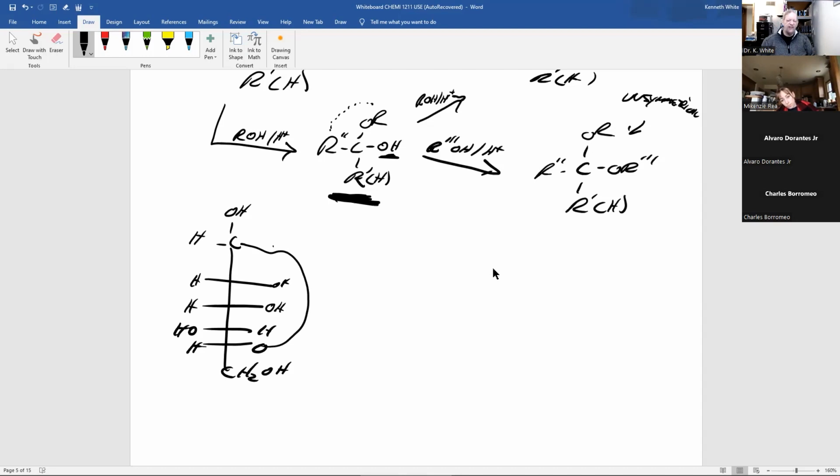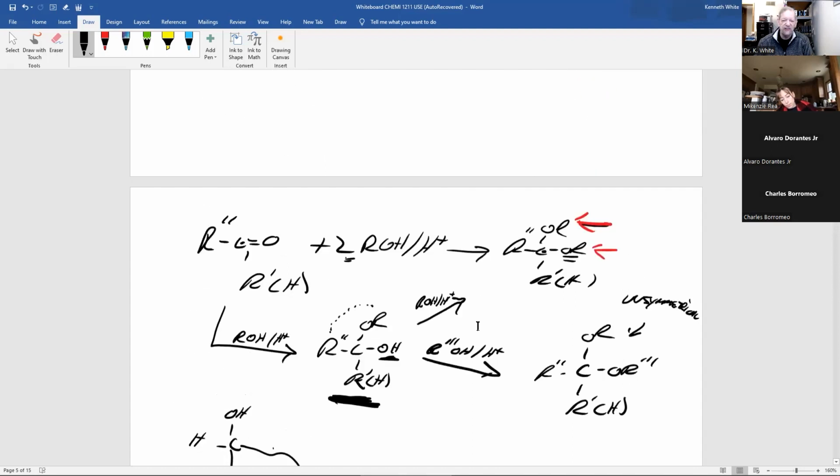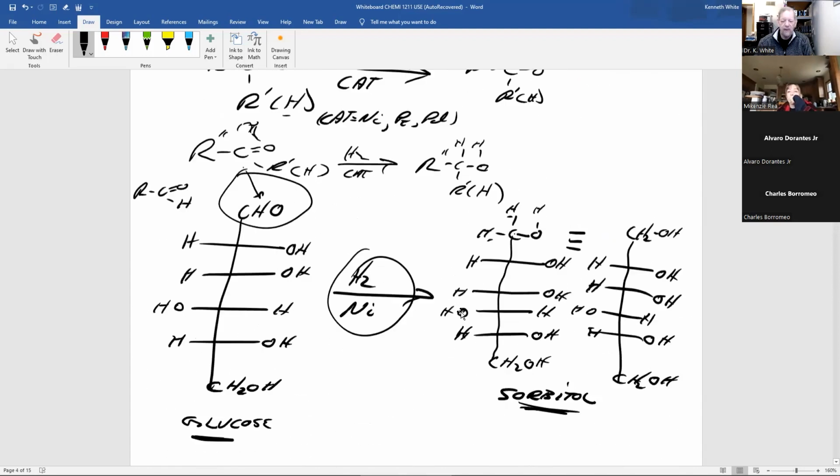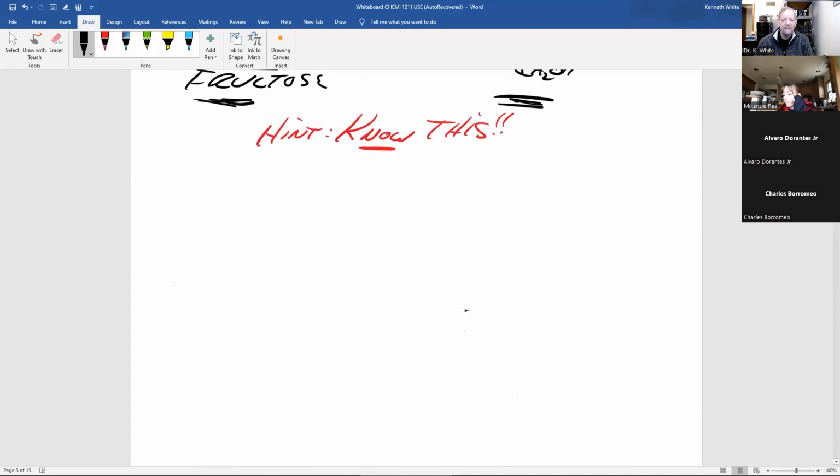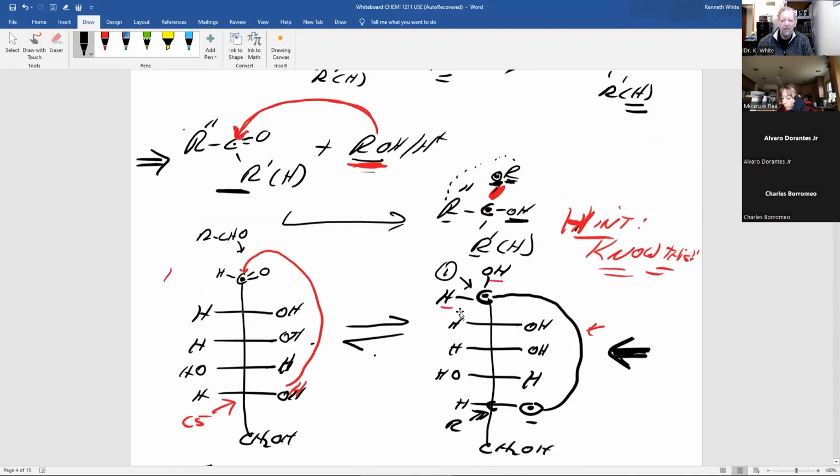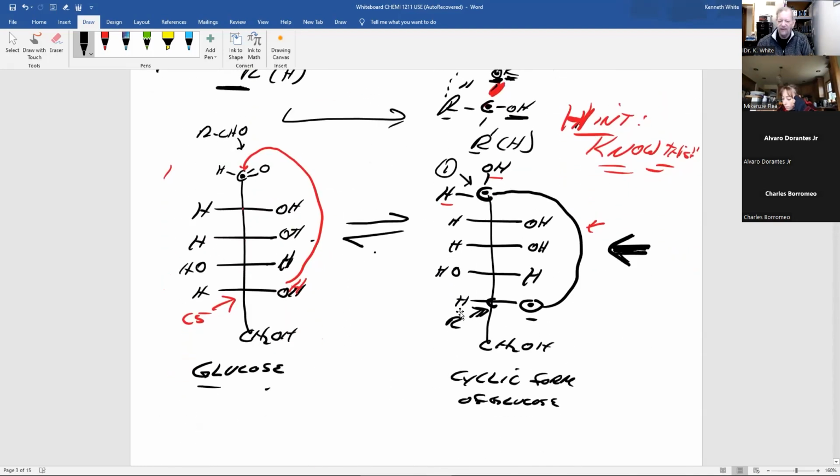This is the cyclic form of glucose. And I showed you how to do that earlier. Let's see if it's still on here. Right here. This is a cyclic form.